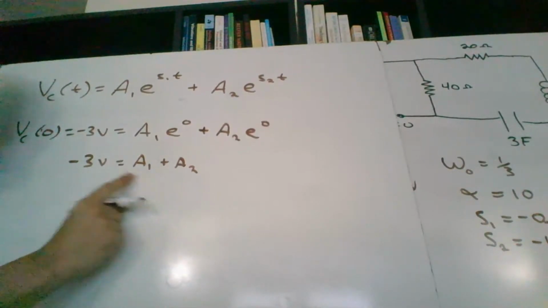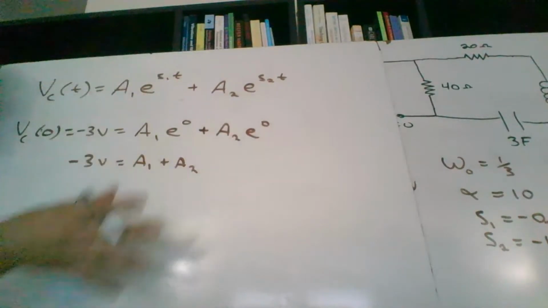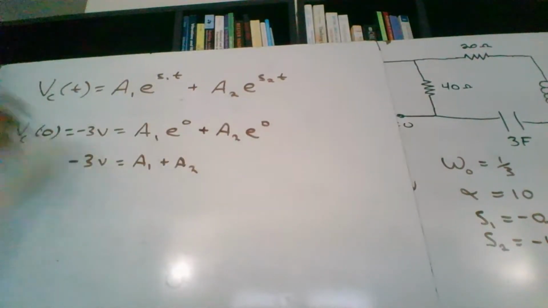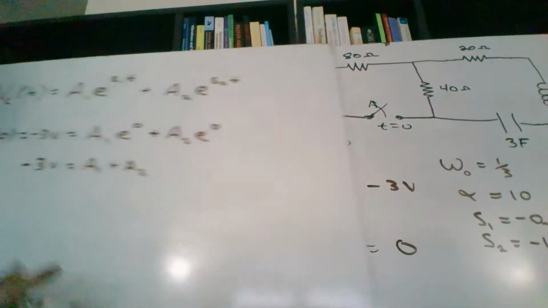We have 2 unknowns and only 1 equation. That's a no bueno. You don't want 2 unknowns with 1 equation. This is why we need the derivative. The derivative of the voltage of the capacitor at time equals 0 was equal to 0.